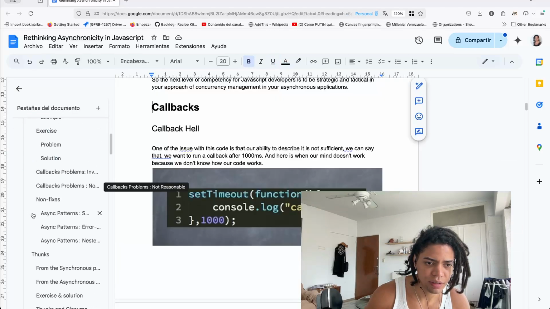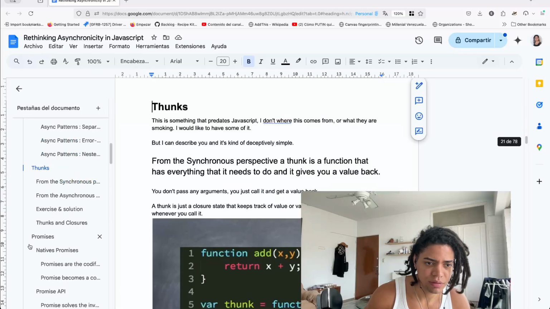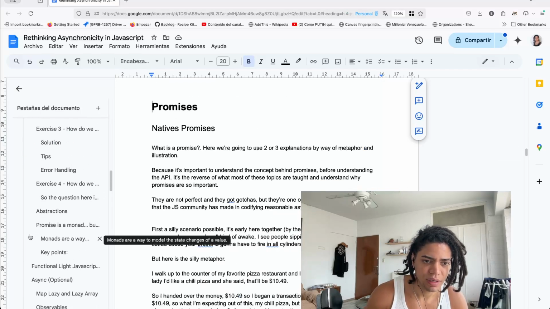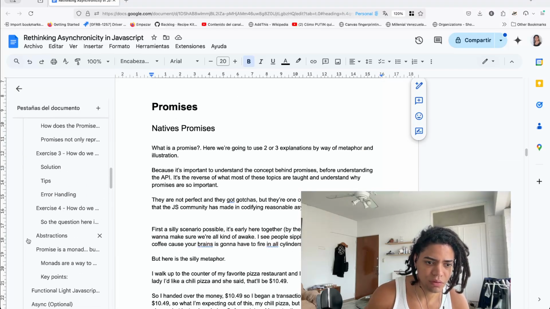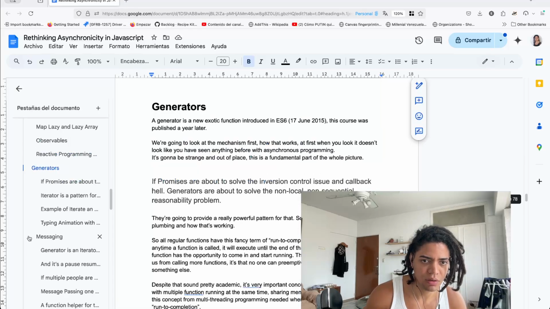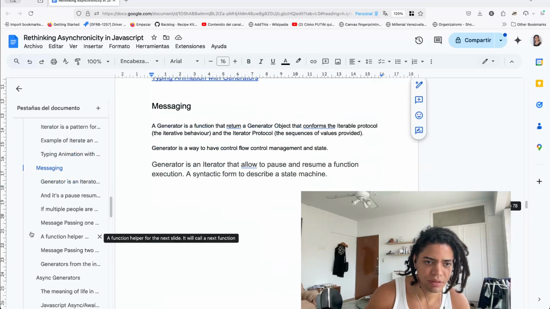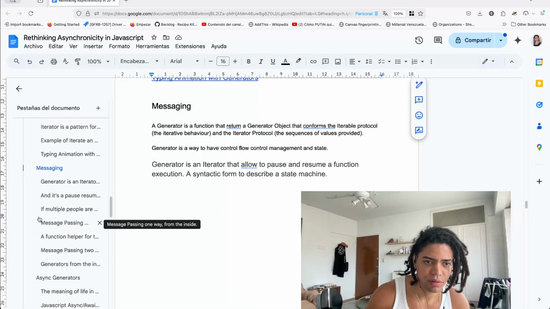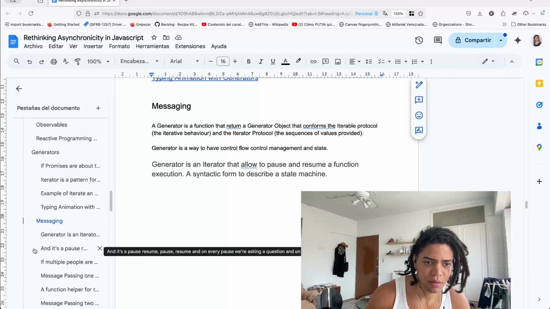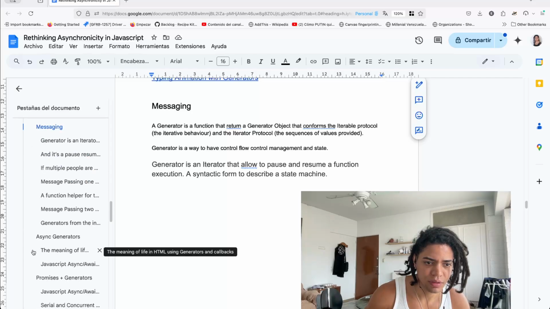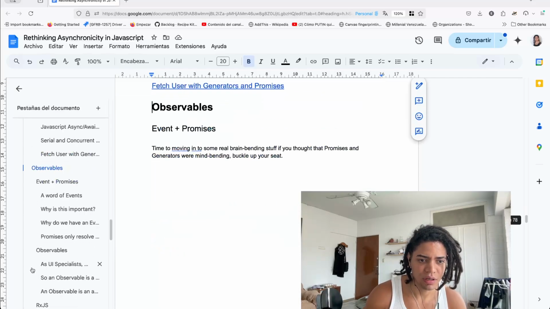Goal, parallel, callbacks, exactly. And then we'll look at thunks, and then we'll look at promises, and then we go further to generators and messaging. Messaging, that's right. And promises and observables.